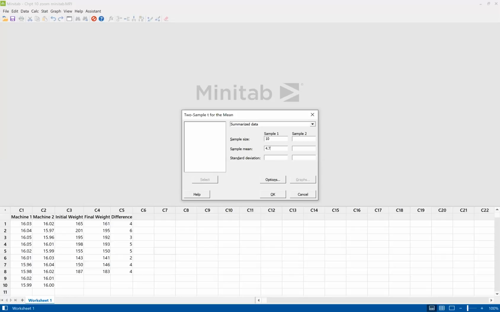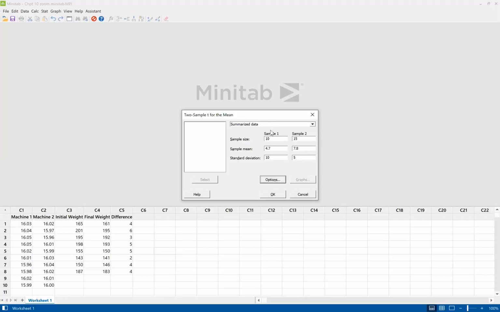And then our sample standard deviation is 10. And then our second sample, we had a sample size of 15, a sample mean of 7.8, and a standard deviation of 5.